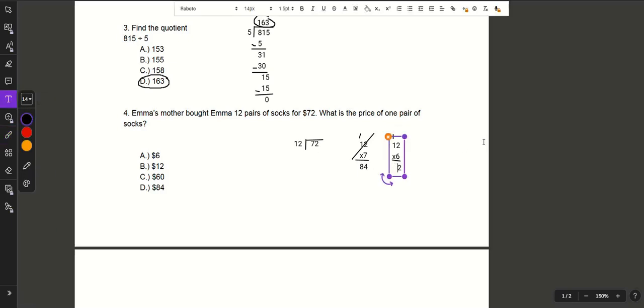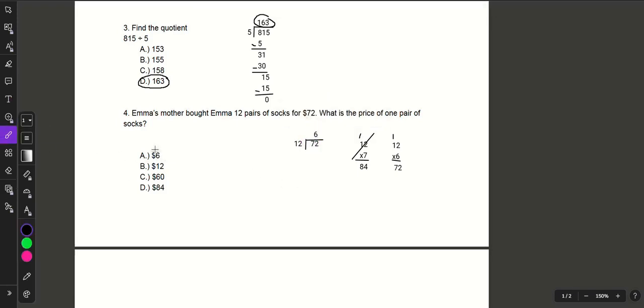And then 6 times 1 plus 1 will equal 7. And that's 72. So our answer will be 6. So that'll be $6 for one pair of socks. So that's A.